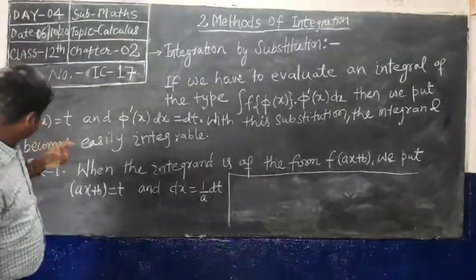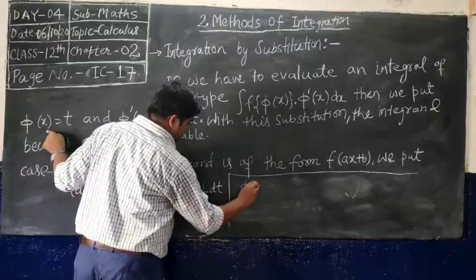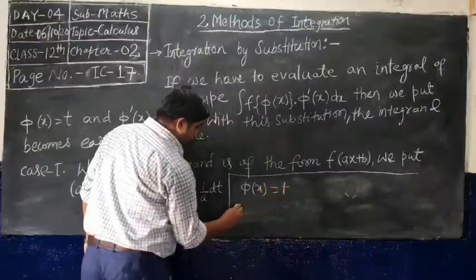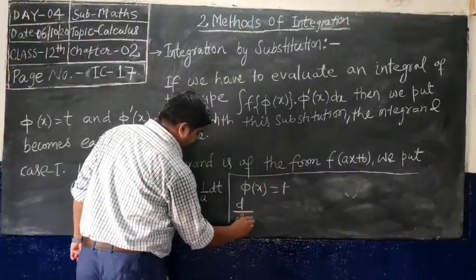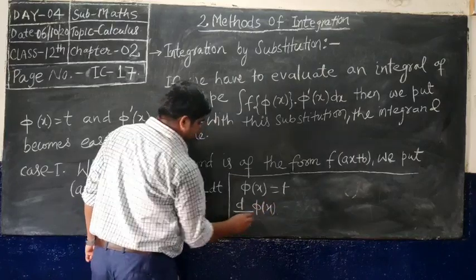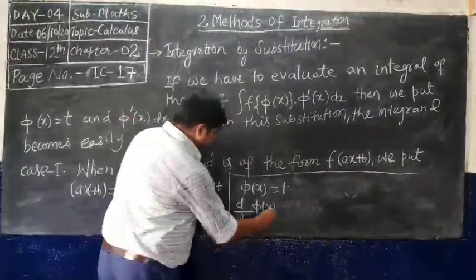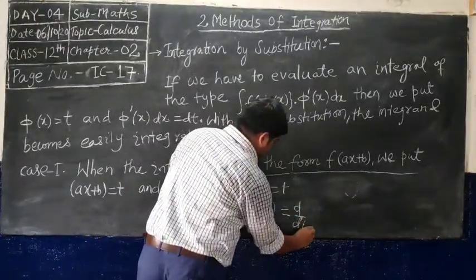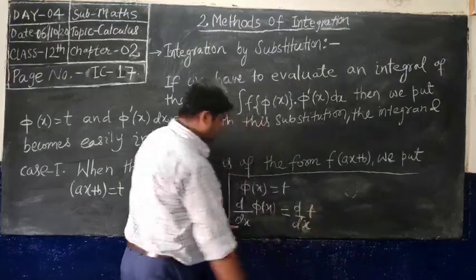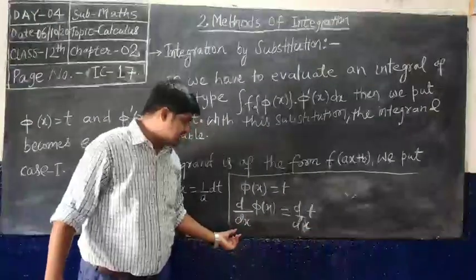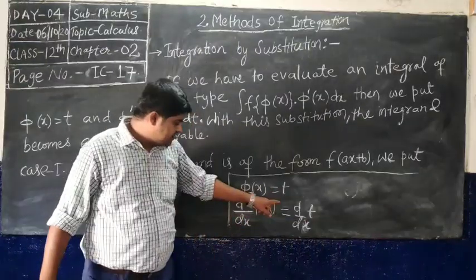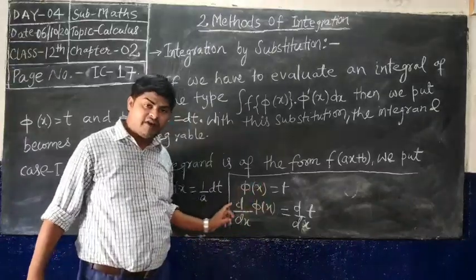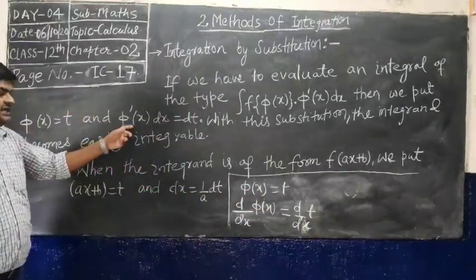Let us see here. In 11th class you have studied this. If phi of x is equal to t, then you have to find the differentiation of phi x with respect to x. That means d by dx of phi of x is equal to d by dx of t. You add d by dx on the right side too, and now the left side becomes the first derivative, represented by phi dash x.